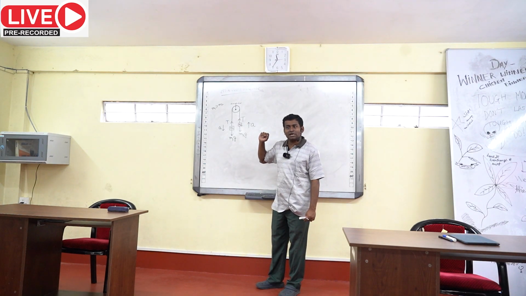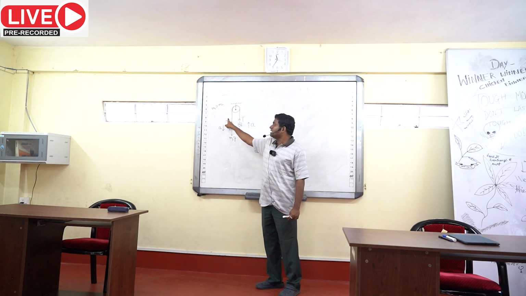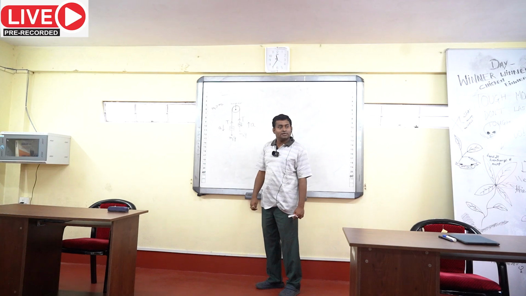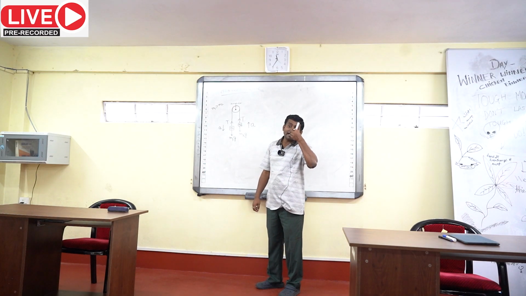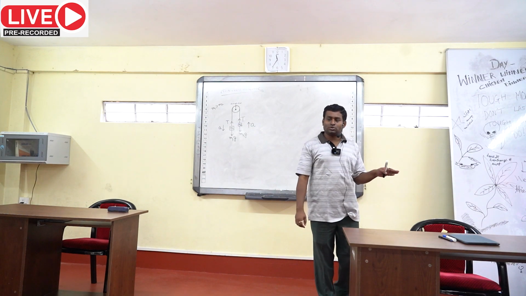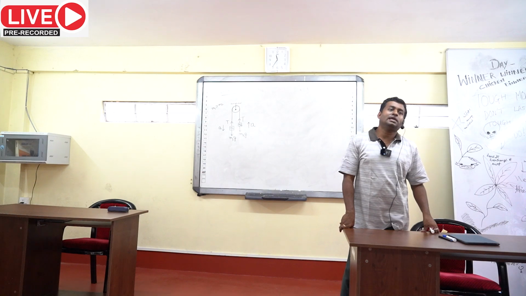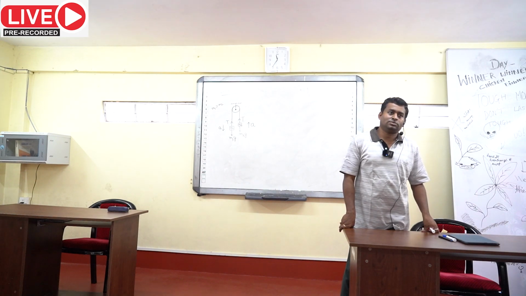Even if the string is massless, if pulley and string have friction, then T1 and T2 on these two sides will be different. So that's why I neglect the friction between pulley wheel and rope or string, such that I can take the tension on both sides as equal in magnitude. Clear?